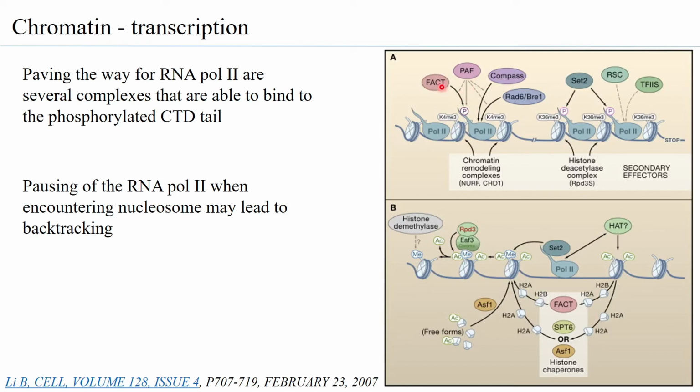You have FACT, which is a histone chaperone. You have several different complexes which are able to carry out remodeling, such as RSC. You have TFIIS, which helps in the elongation process, and Pol II is then able to continuously transcribe. So you have these complexes acting as secondary factors that allow the transcription to move on as elongation.